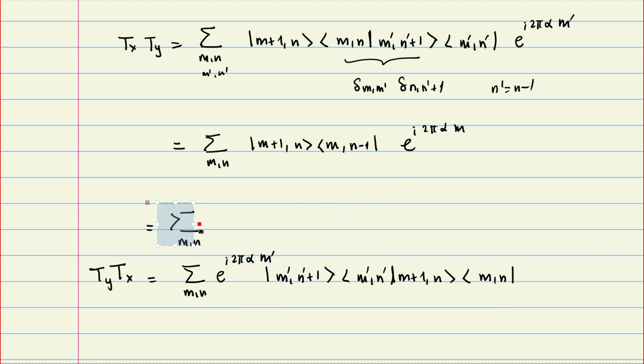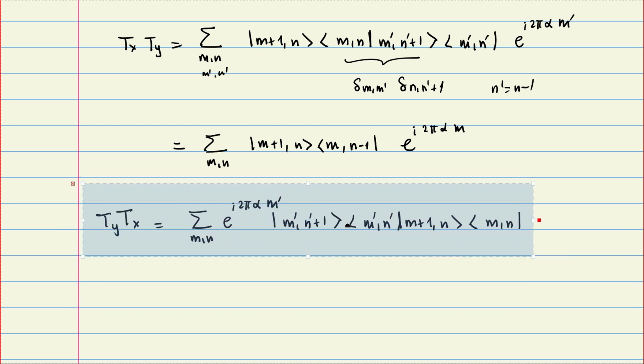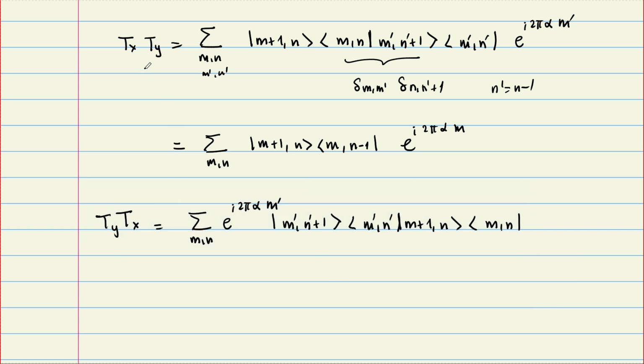Now I can erase that. Did I get it? Tx, ty, tx. Okay, good. So this one is going to give delta m prime m plus 1 delta n prime n.